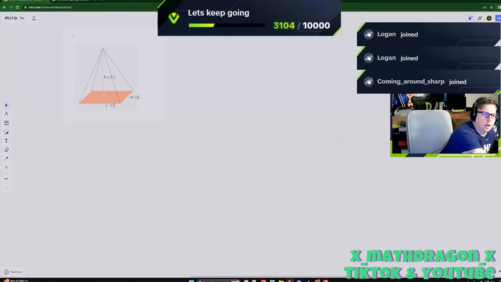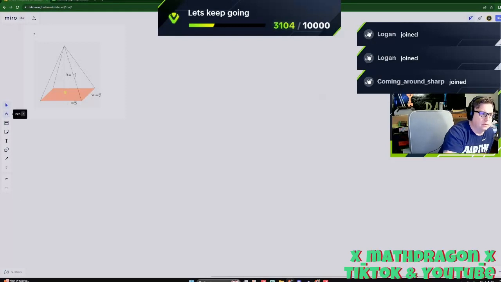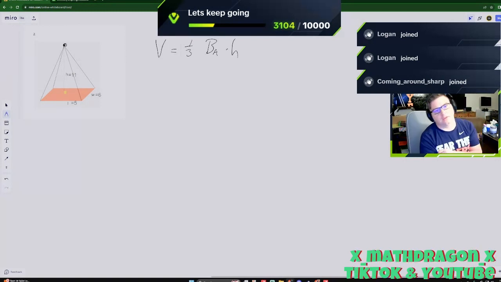All right, on to our pyramid. Okay. So with our pyramid, once again, it comes to a point. The point is very important to us because it tells us 1/3 base area times the height.